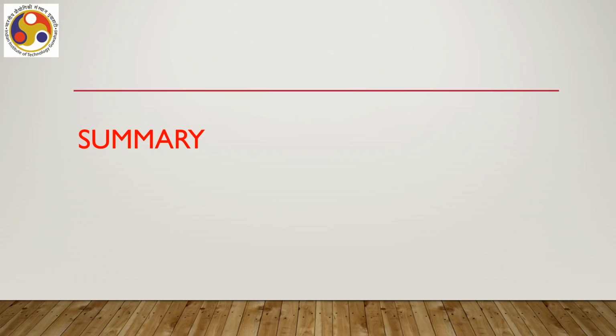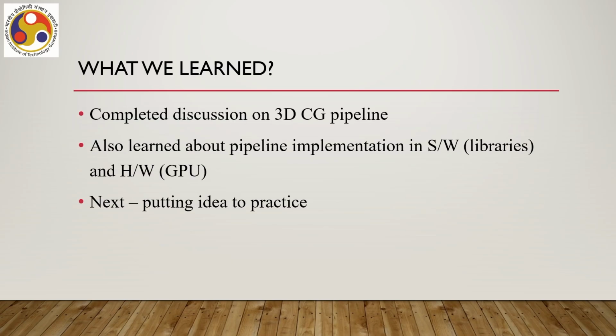So, in summary, what we have learned is the overall 3D graphics pipeline, which is for static images, its stages, and also how to implement the pipeline in software via the libraries, and how the GPU can support the pipeline implementation by exploiting the inherent parallelism in the pipeline stages.